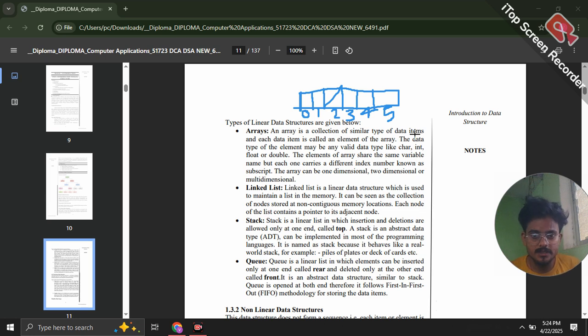So let's move on. An array can be further divided into two parts.